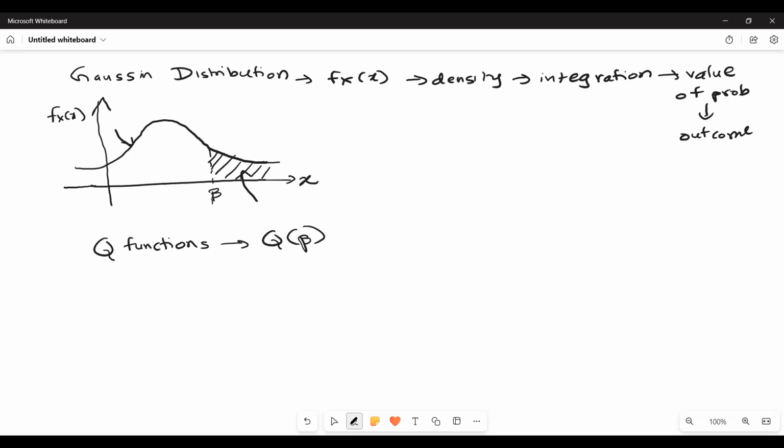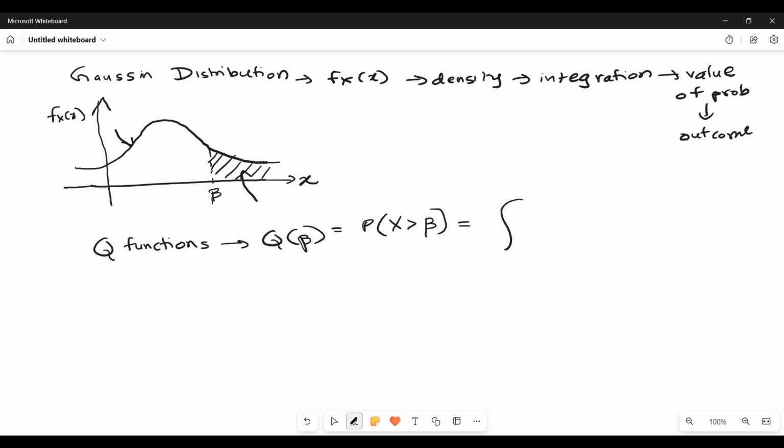Beyond this constant value beta is known as Q of beta, and Q of beta is defined as the probability of the random variable being above the beta value.